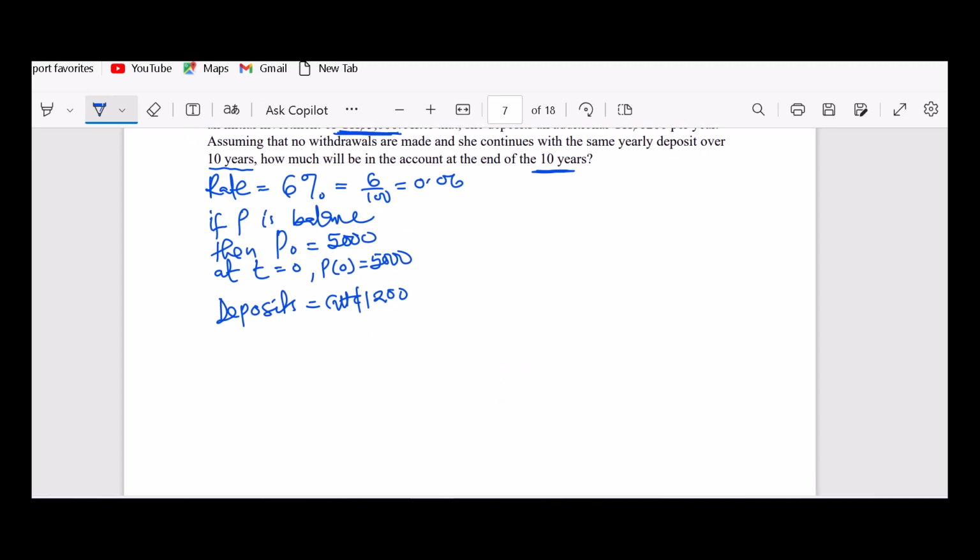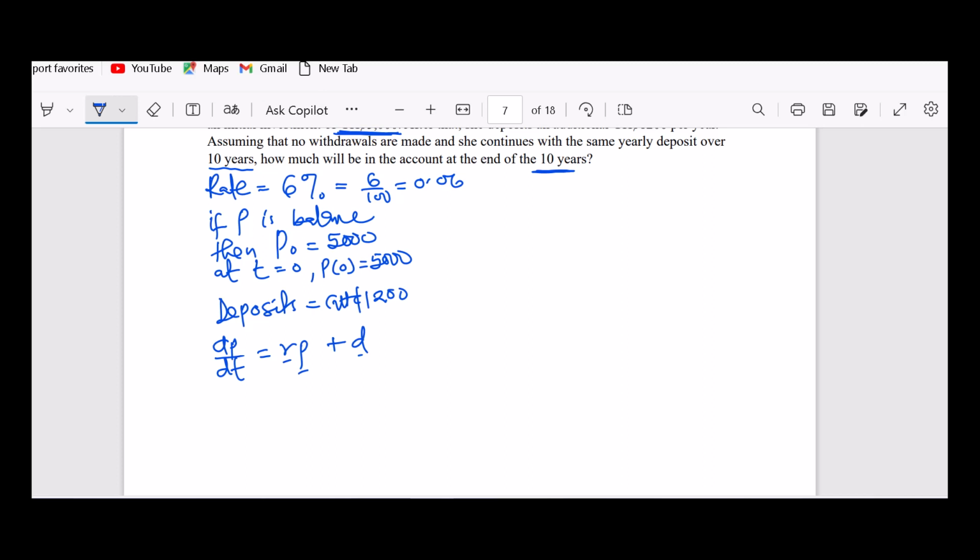But here we know that the differential equation modeling this kind of question is given by dP/dt equals rP plus d. Here r indicates the rate, P is the balance, and d indicates the deposit.